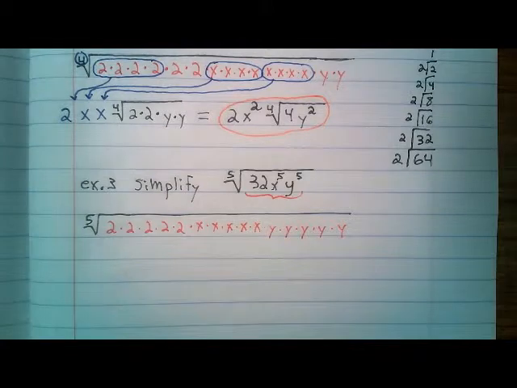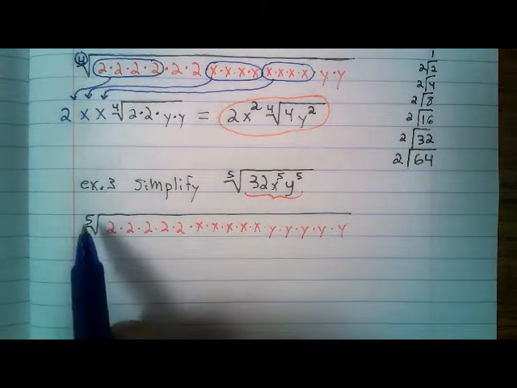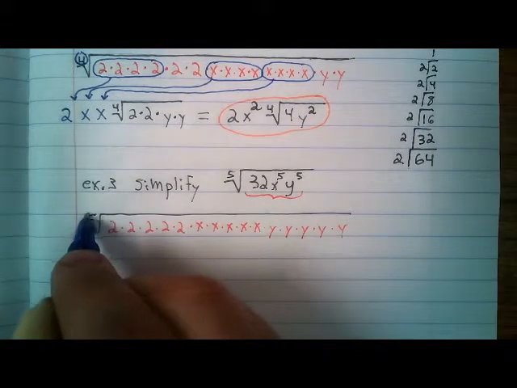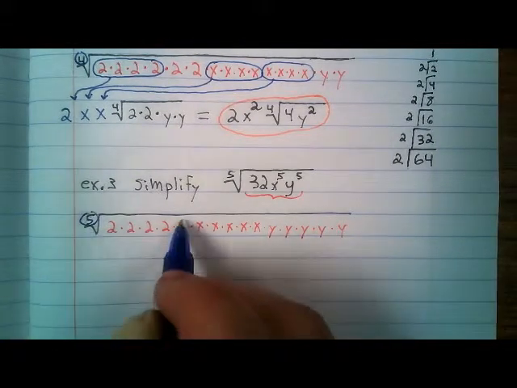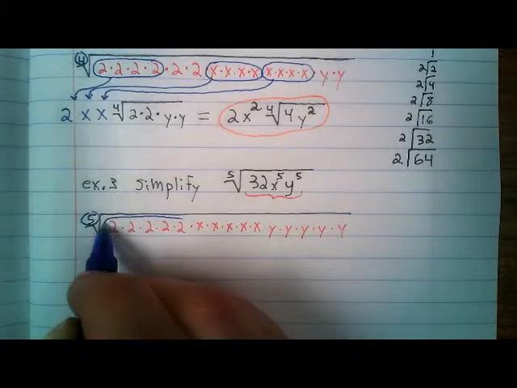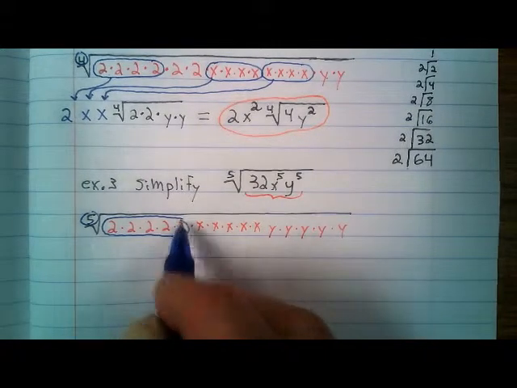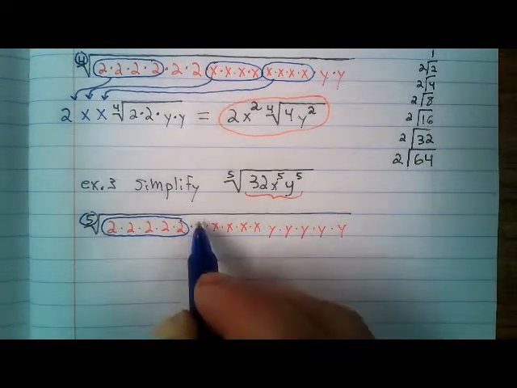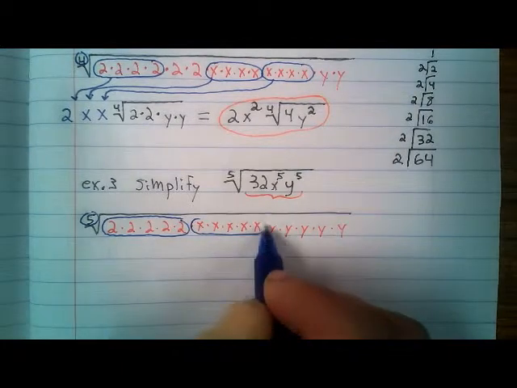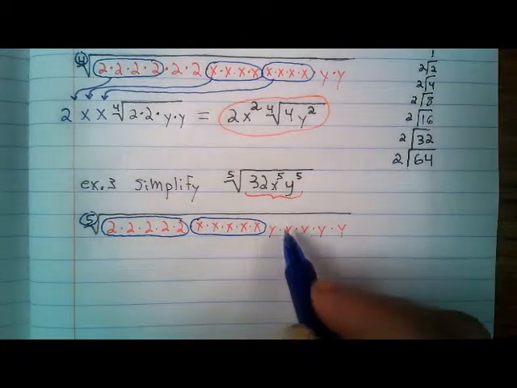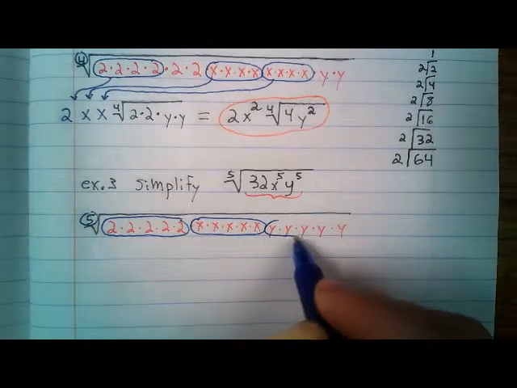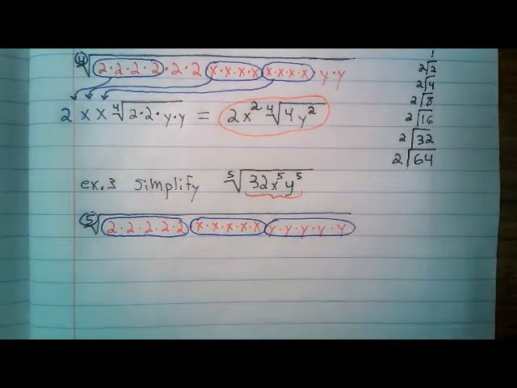Okay, and then my next step is I figure out what my index is. In this case it's 5. So I'm going to be pulling out groups of 5. And I've got 5 2s, so I'm pulling out a 2. 5 x's, so I'm pulling out an x. And 5 y's, so I'd be pulling out a y.